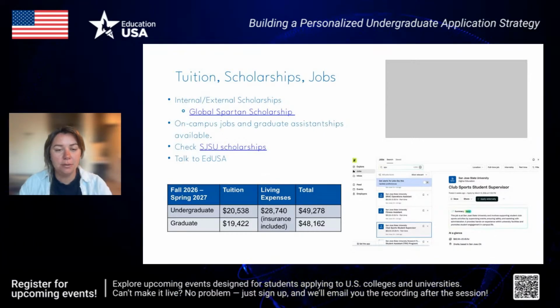There are jobs out there that exist. Teaching assistantships and research assistantships are probably a little bit more difficult to get because the professors usually pick students who they already know or who have already been in their classes, who they have a relationship with. So that's going to be the difference there.